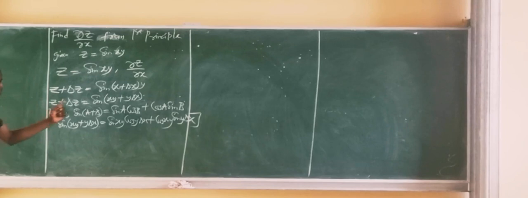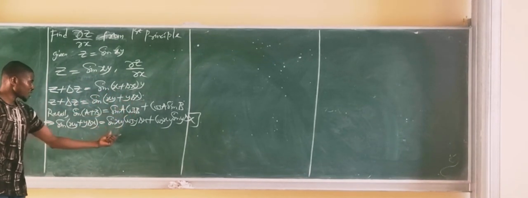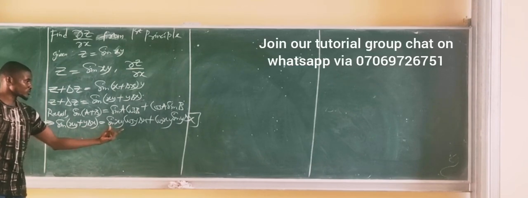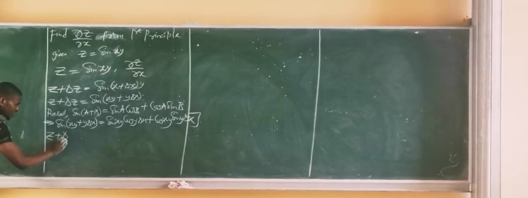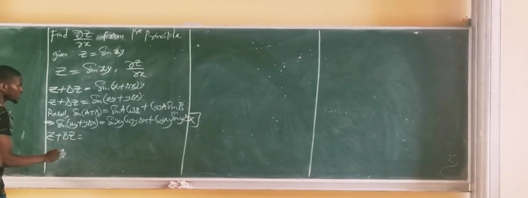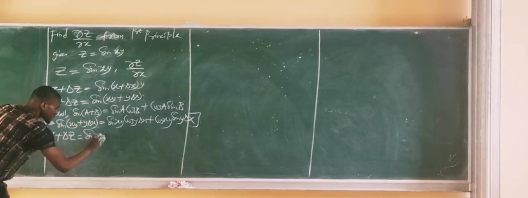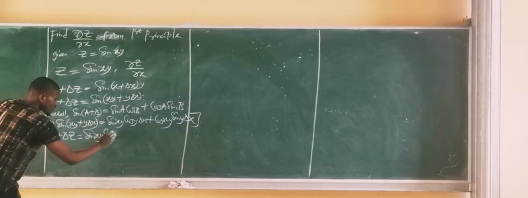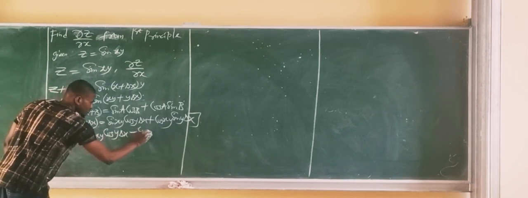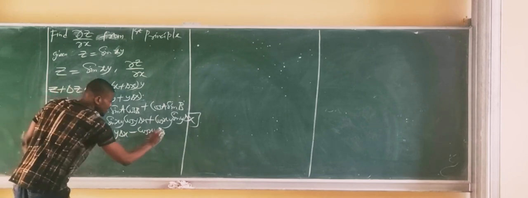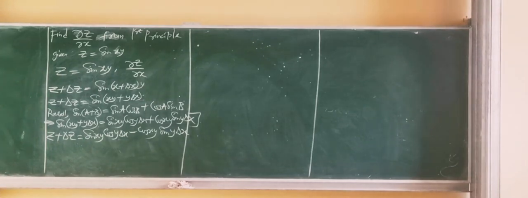So in place of sine (xy plus y change in x), I will simply substitute this value. So z plus change in z is now going to be sine xy cos (y change in x) plus cos xy sine (y change in x).